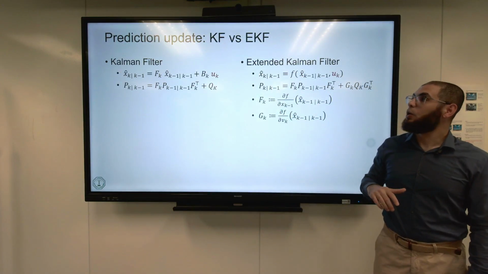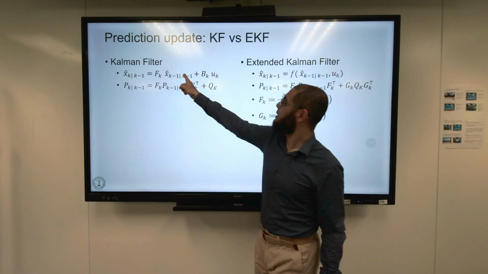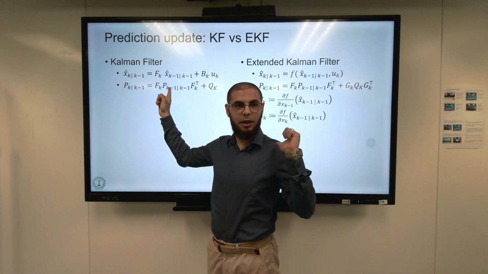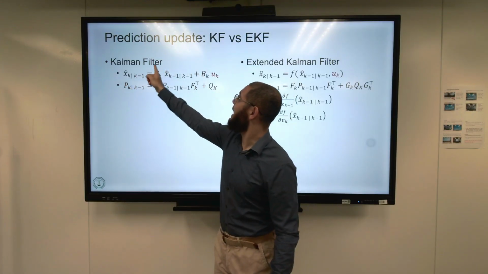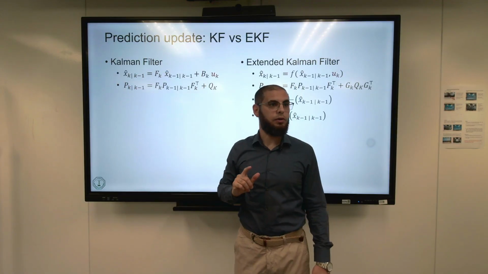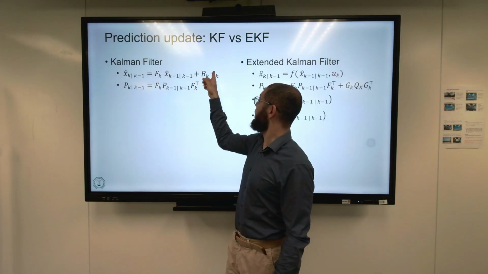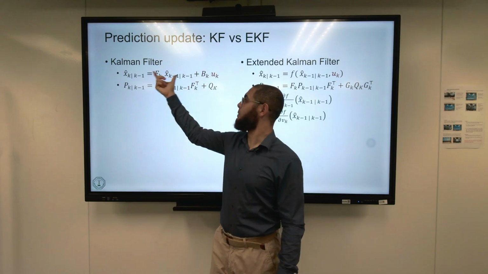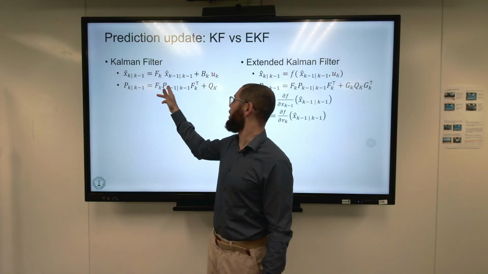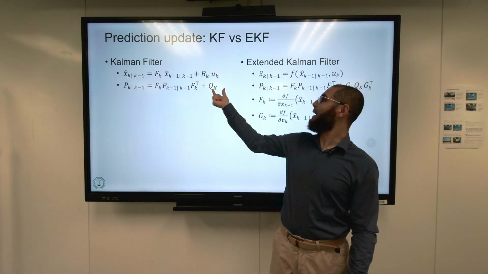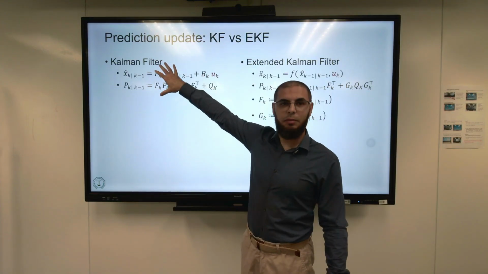In the prediction step, we took the mean and covariance from the previous time step and updated them by the control input u. This is how the Kalman filter was working: it multiplied the previous mean by F, and multiplied the u by the B, and then summed both to get this prediction. We did something similar to the covariance, but multiplied before and after by the F, and added the Q, the covariance of the noise. So this is how the standard Kalman filter does it.